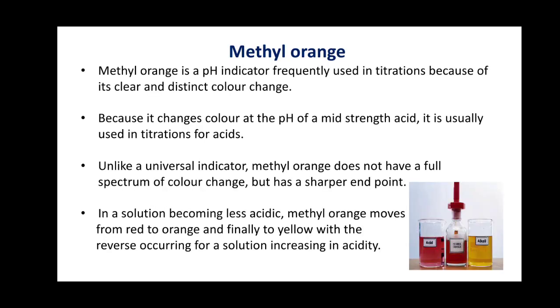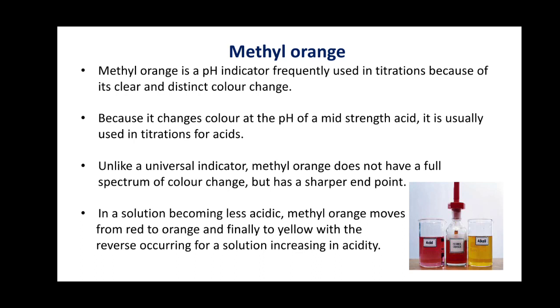So next we'll see methyl orange. It's also an indicator frequently used in titrations because of its distinct color change. Because it changes color at the pH of a mid-strength acid, it's usually used in titrations for acids. Unlike a universal indicator, methyl orange does not have a full spectrum of color change, but it has a sharper end point.